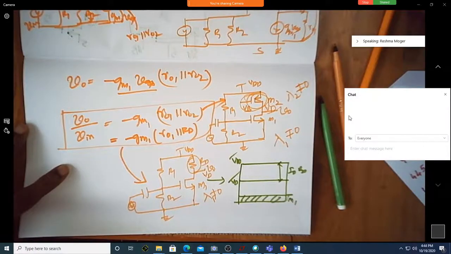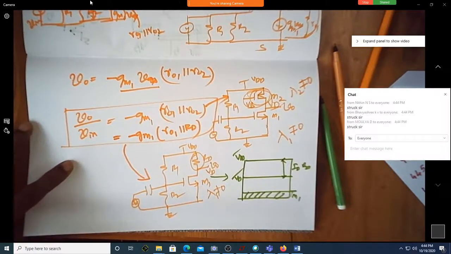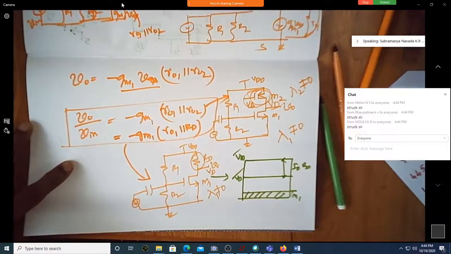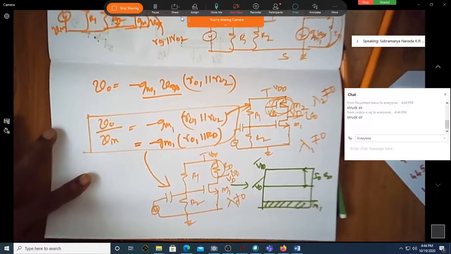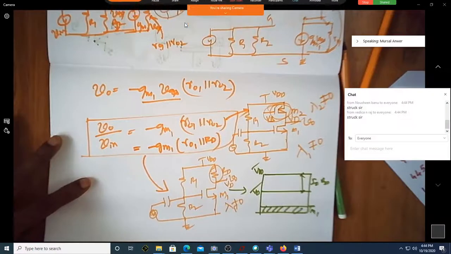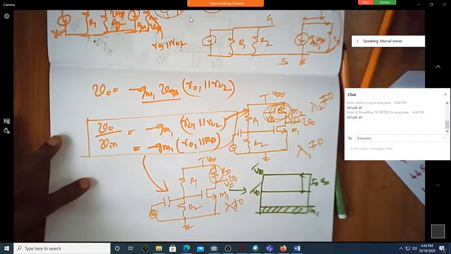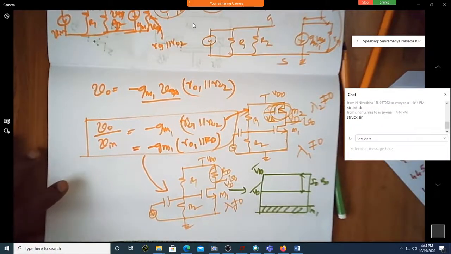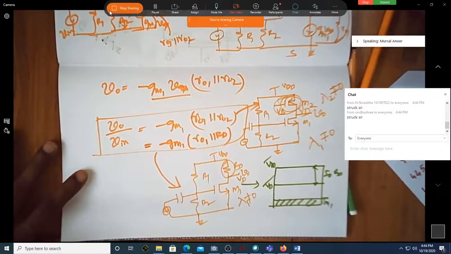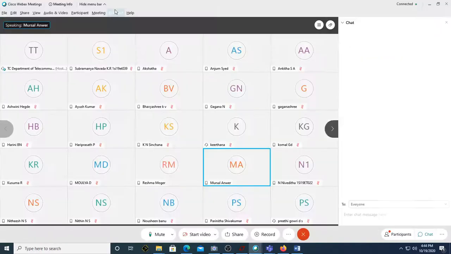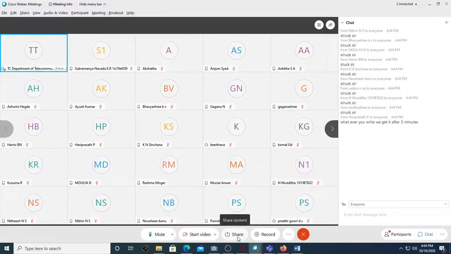Only one photo is playing. After 1 to 2 minutes, the photo is changing. Maybe it's our fate.